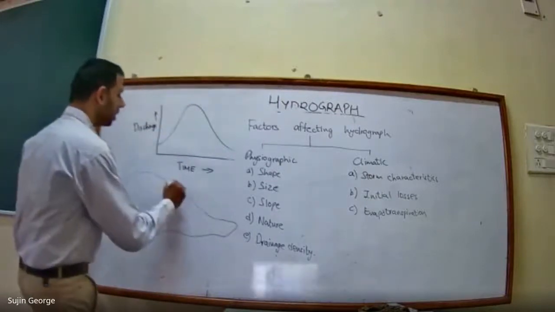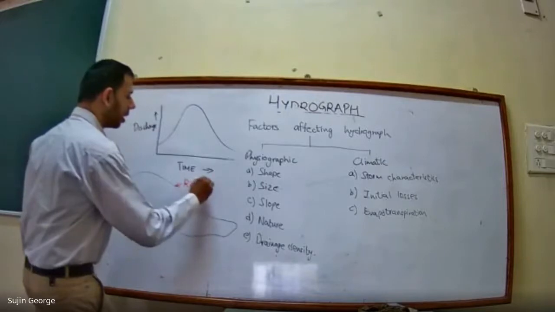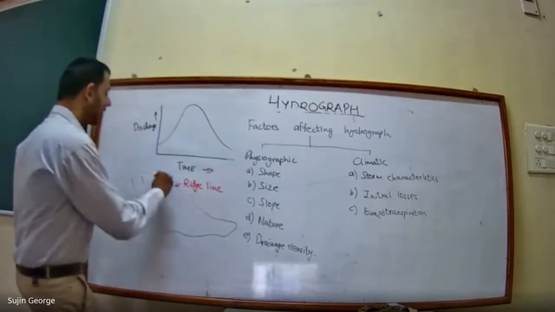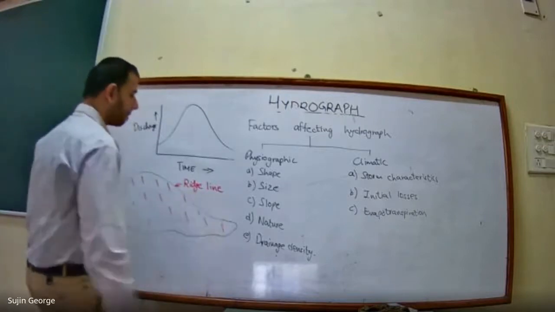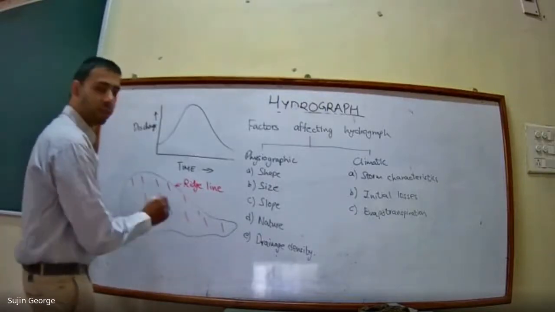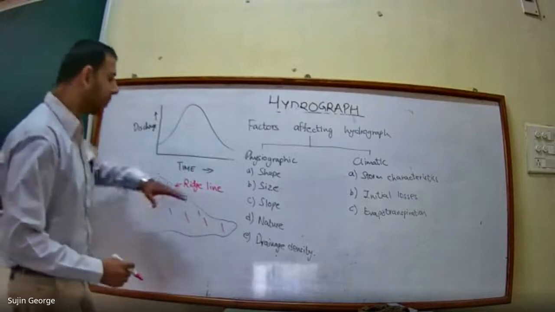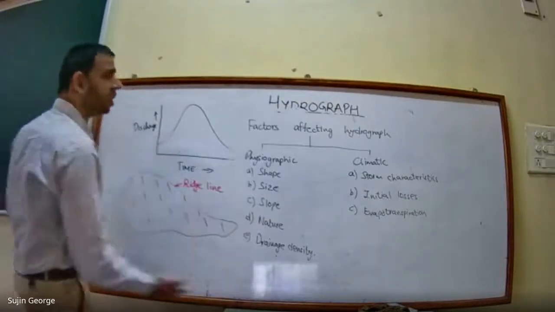You can see here, this is known as the ridge line, and rainfall is occurring only in this boundary. Now, how is this catchment differentiated from the surrounding level?